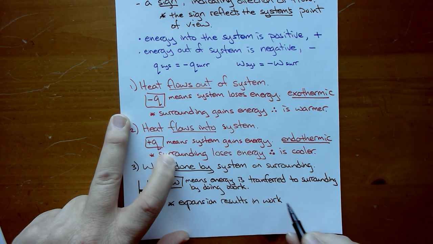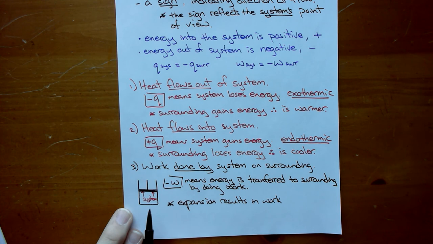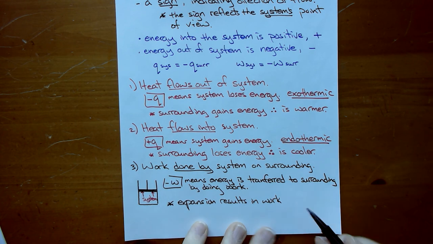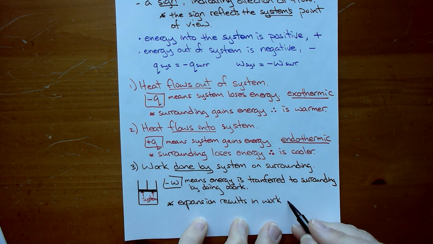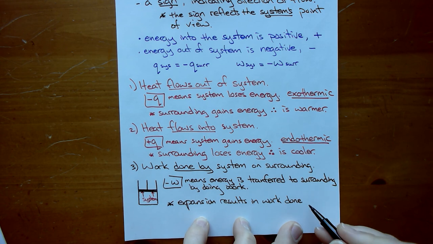Okay, so I have a reaction that goes on that creates a pressure, but we have to keep the pressure constant, so the volume changes and increases, and as it increases, work is being done by the system, and therefore it's a negative W because it's losing energy to the surroundings.